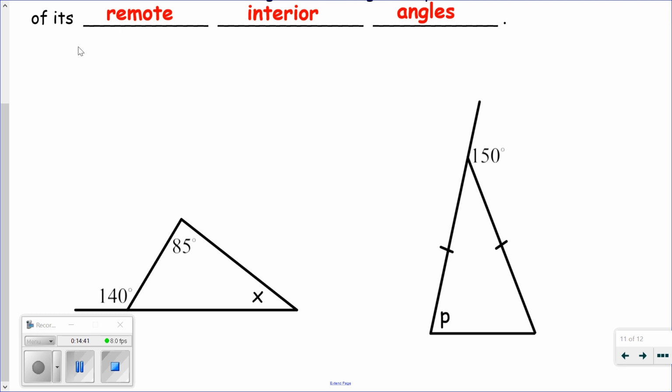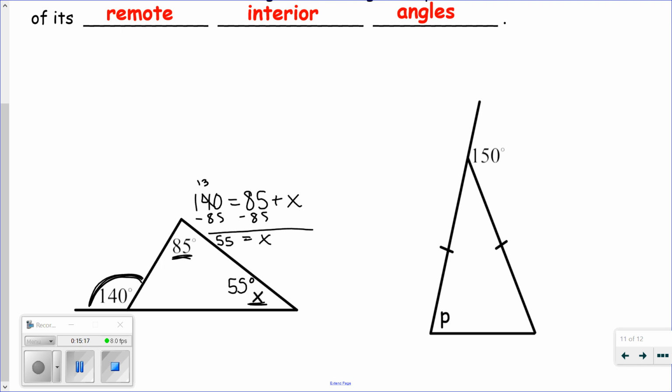So if I have 140 degrees right here, what we're saying is that is equal to 85 plus whatever that other angle is, plus whatever x is. So if I know that that exterior angle is equal to the interior angles that are far away from it, I can find out what x is. If I go ahead and subtract 85 from both sides, again, you can use your calculator, I know now that x is 55 degrees.